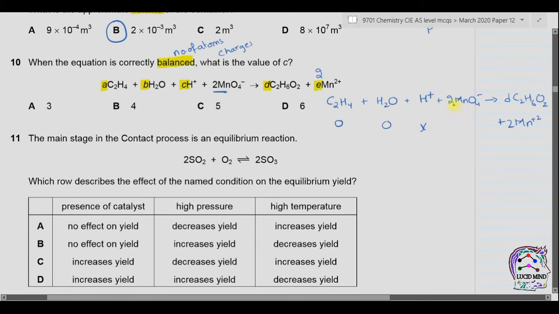For 1 manganate ion the charge is minus 1, and as there are 2 moles, the charge is minus 2. Now on the product side we have C2H6O2, which is neutral, so the charge is 0, and Mn2 plus, which are 2 moles, so the charge is plus 4.